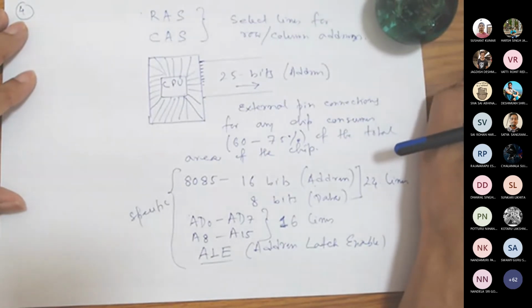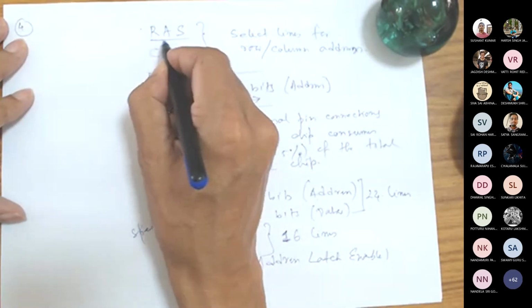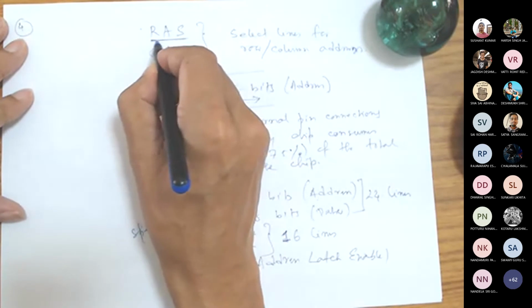It is loaded into the row address latch in response to a signal pulse on an input control line that is called RAS. It is latched on the signal RAS.